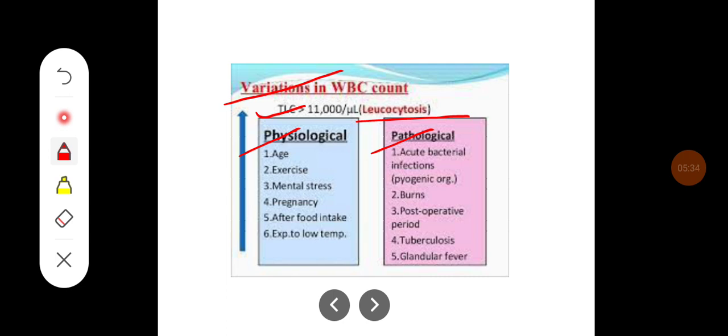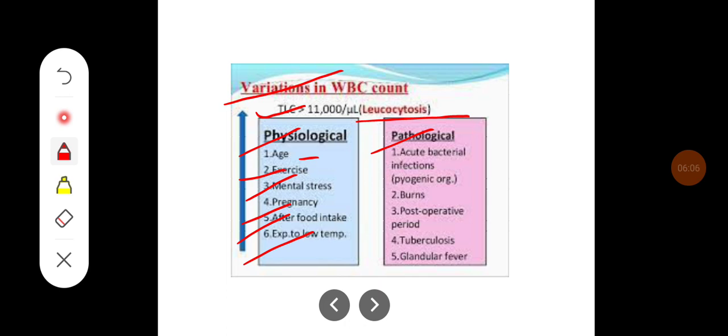Physiologically, infants and younger people have a higher count compared to the adults and elderly. During exercise, the WBC count can increase because the marginal cells come into the central circulation. With mental stress, there can be an increase in the count, and in pregnancy. The count increases after food intake. The count also increases when a person is exposed to lower temperatures.